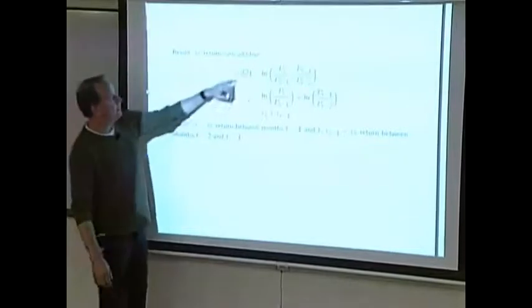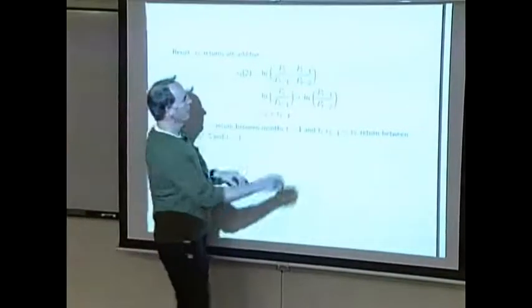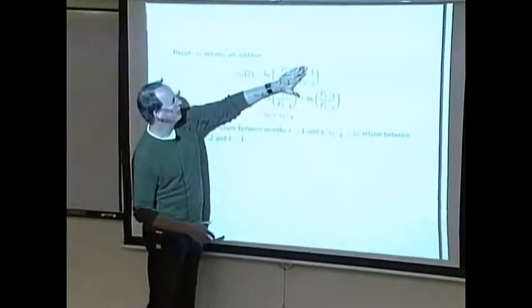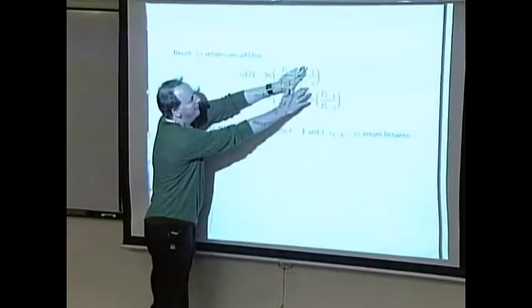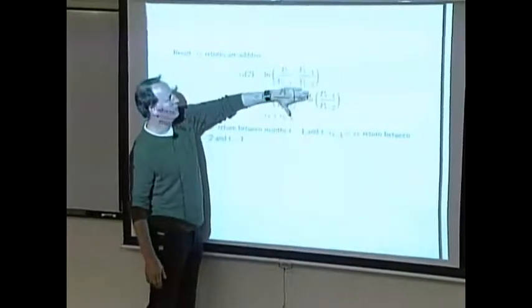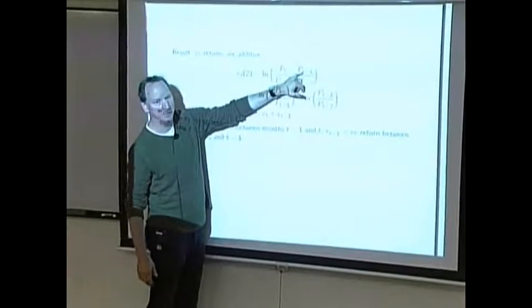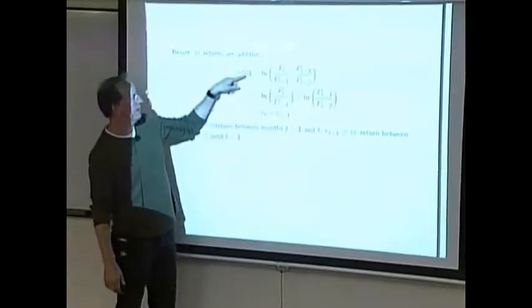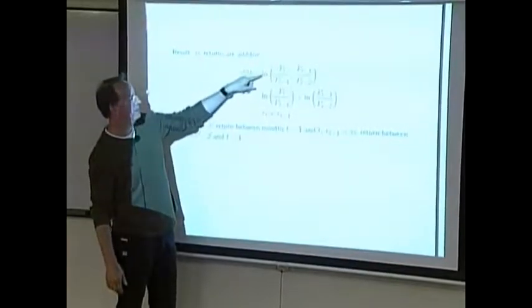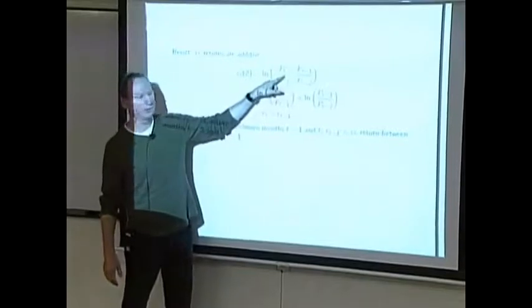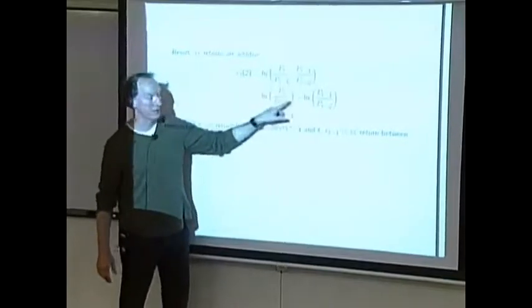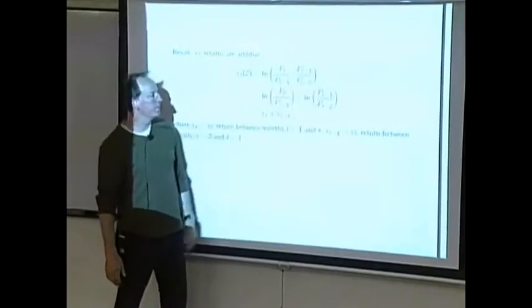So we make use of the fact that the 2-month continuously compounded return is the logarithm of p_t divided by p_{t-2}. But we can do this trick. We can multiply and divide by p_{t-1}. So we get that the 2-month continuously compounded return is the logarithm of the product of these two. Now the logarithm of the product is the sum of the logarithms.